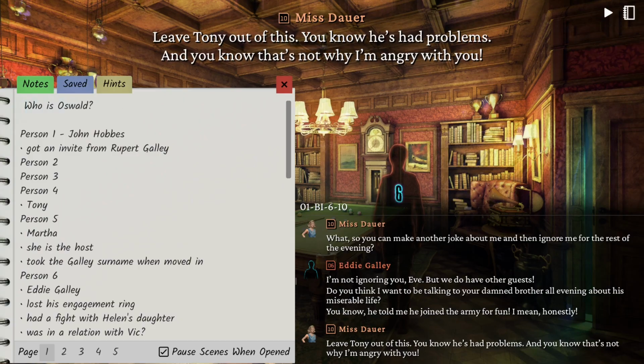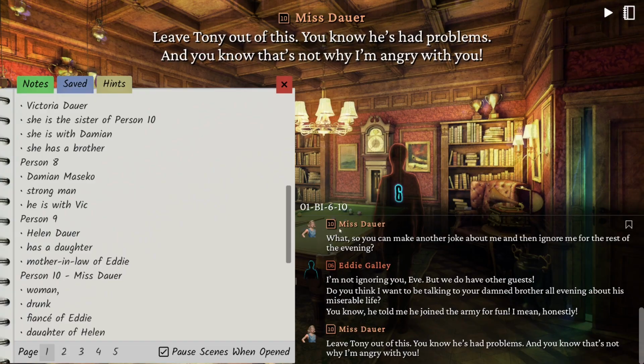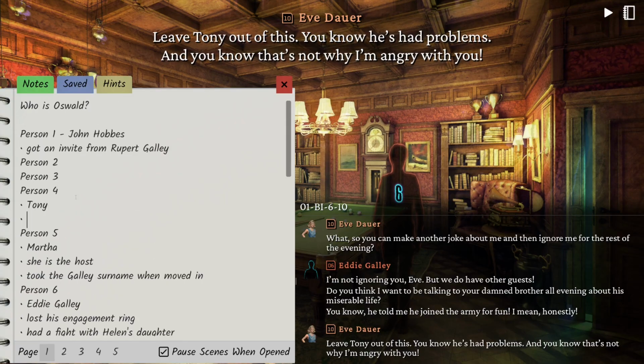Okay. We know that she is Eve. And Tony joins the army. That's important because there is one person who has an army joining leaflet in his pocket. So we know him. That's wonderful. Dower.